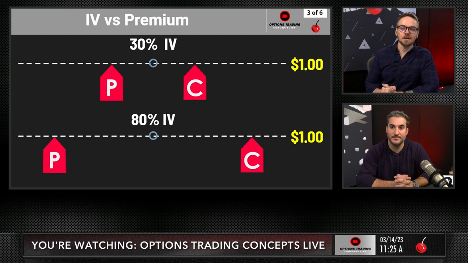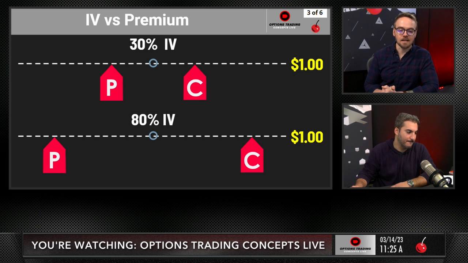Yeah. And when it comes down to trading different product types, if I'm looking at an ETF that has 30% IV, fine. If I want to sell a strangle and just roll it forever, fine. But in the equity world, do I want to really sell a strangle in a product that has 30% IV? Probably not. And why is that?